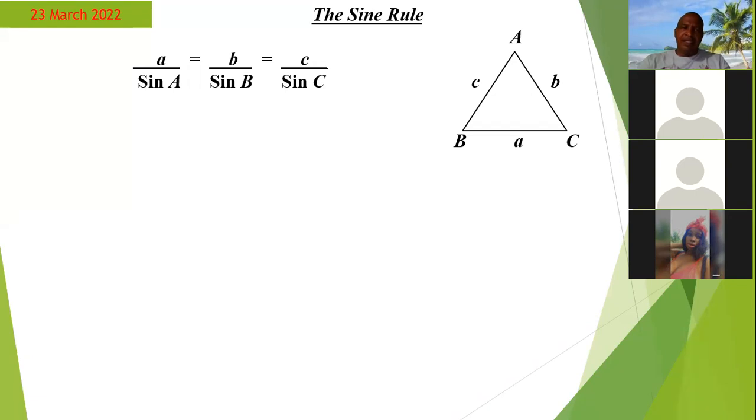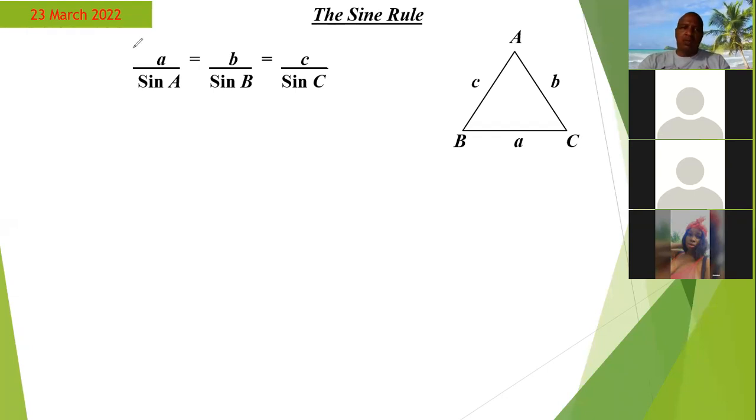So if you find the side A over the sine of the angle A, it would be equal to the side B over the sine of the angle B, which is equal to the side C over the sine of the angle C. So this is what we refer to as the sine rule.